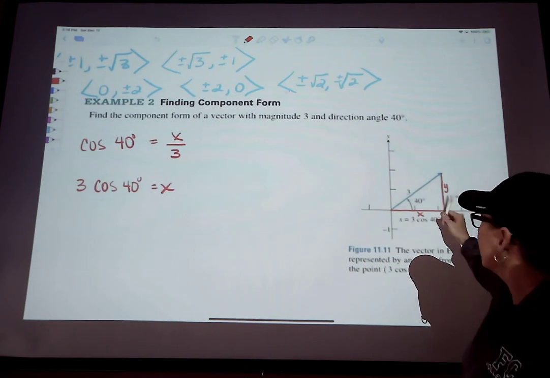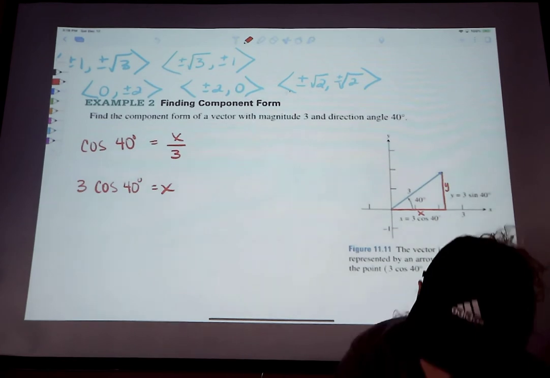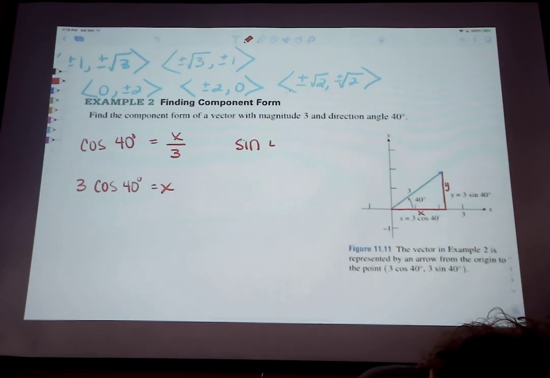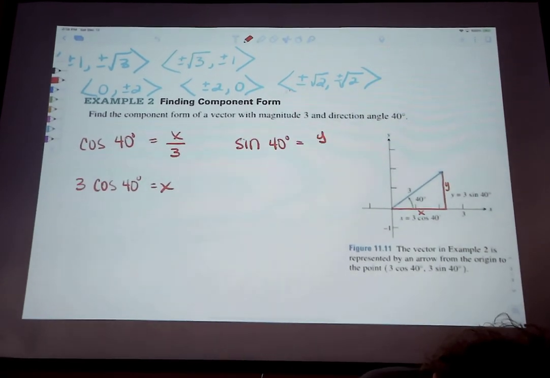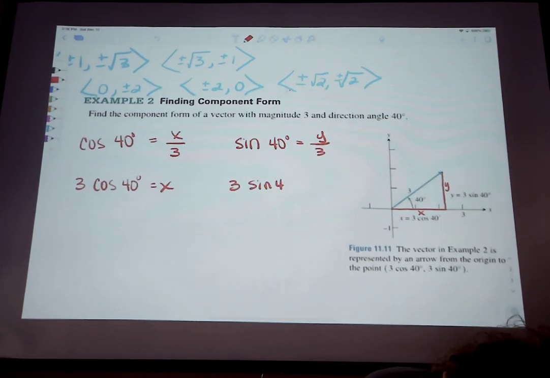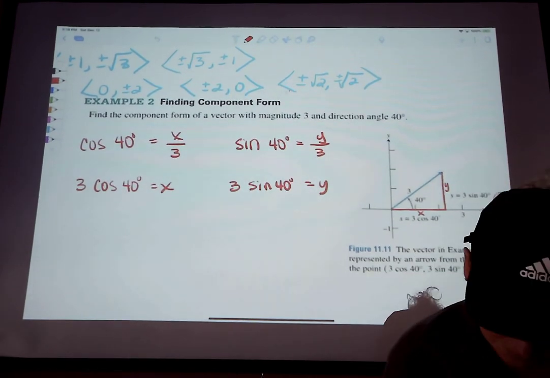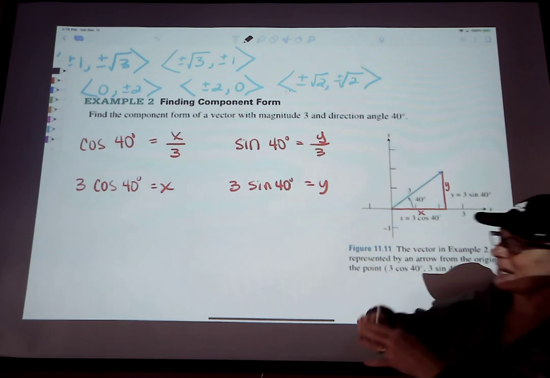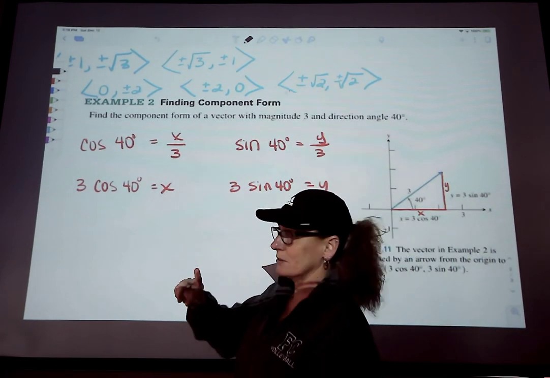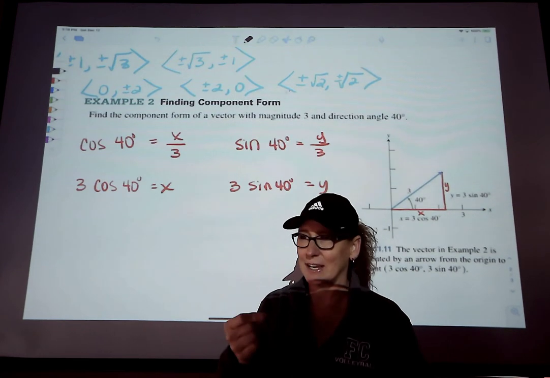Let's figure out what y is. This time it's opposite and hypotenuse. So when you take out your calculator, make sure you're in degree mode, because that's kind of weird. We are in calculus and we're using degrees, but we're not doing calculus.